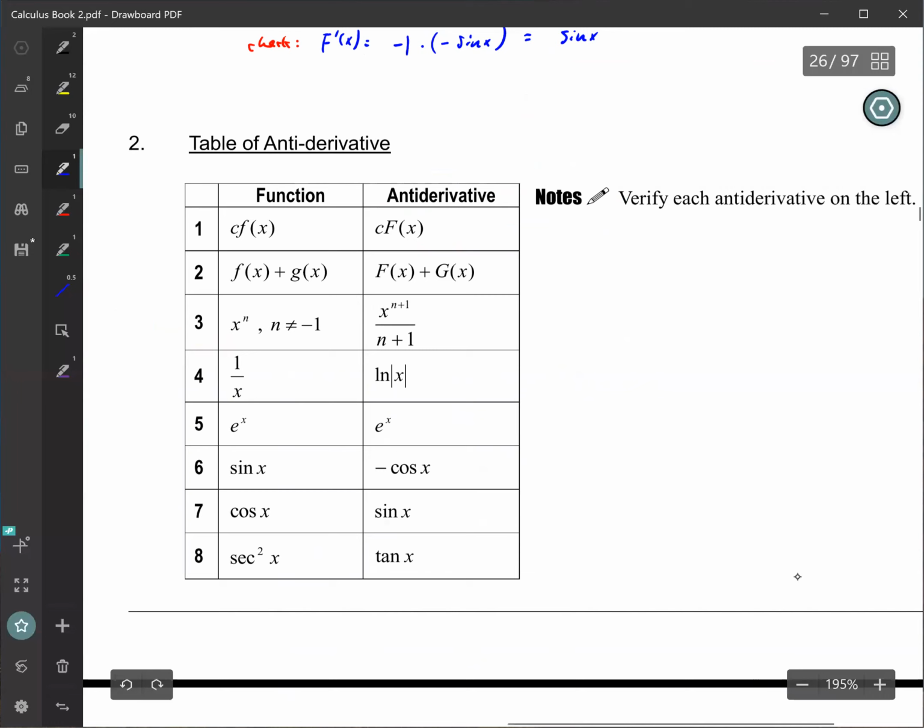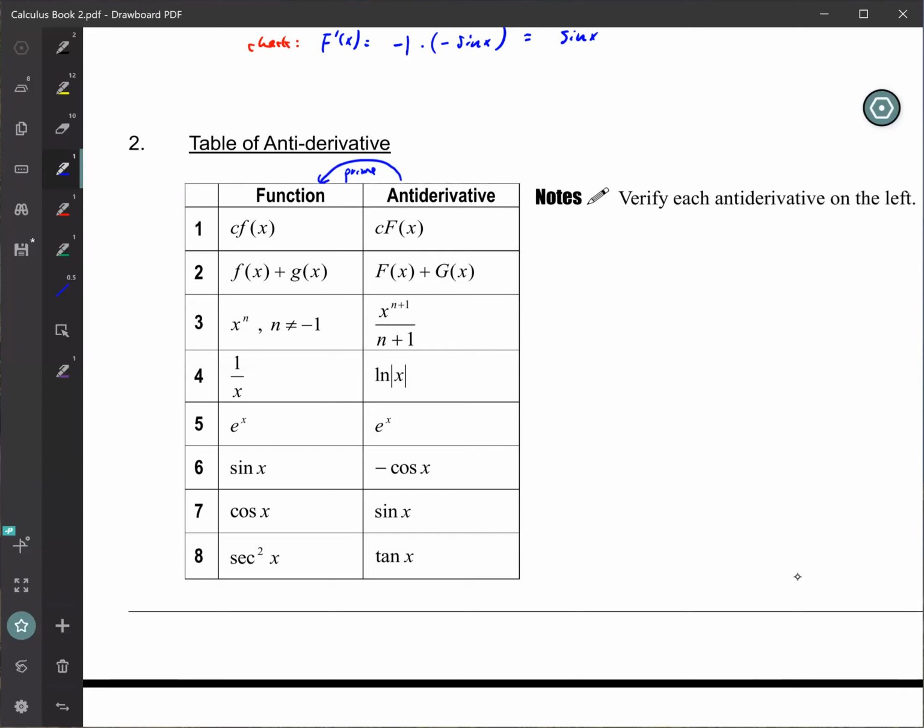If you want to go from antiderivative to here, you need to prime. So take the right side: capital F, if you prime that, it will become small f, because big F prime gives you small f. Same thing with number 2, capital F, capital G prime become small f, small g.